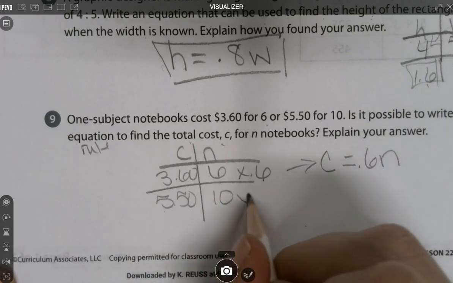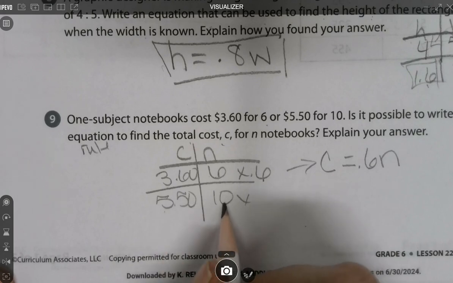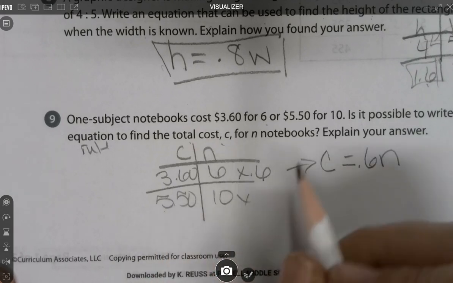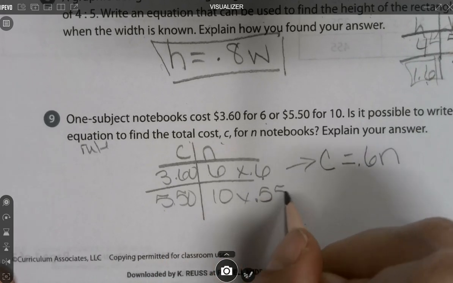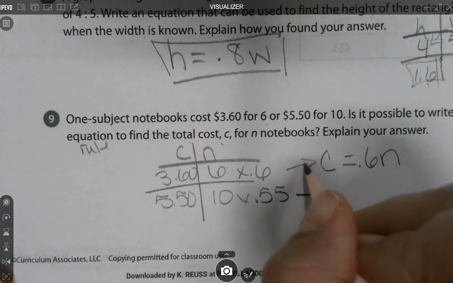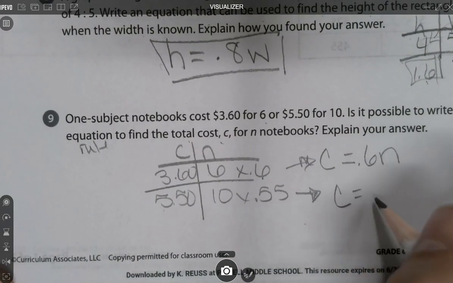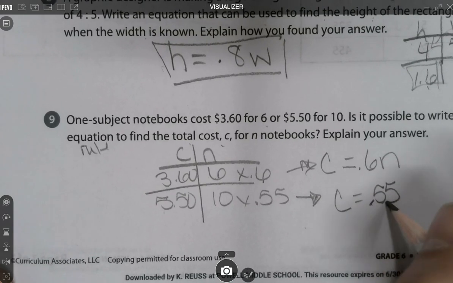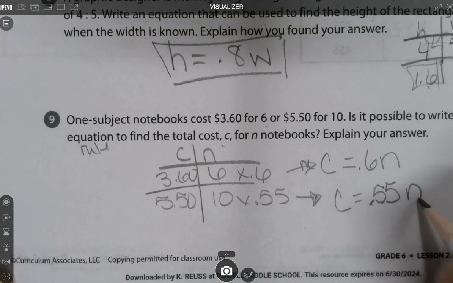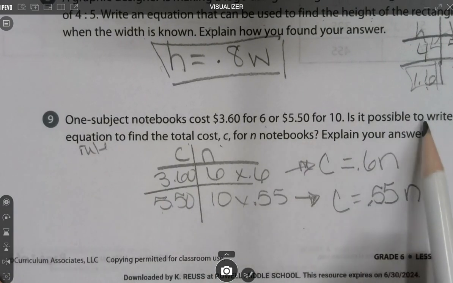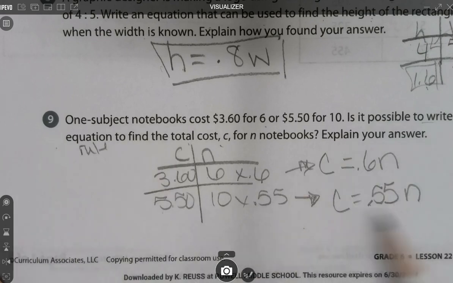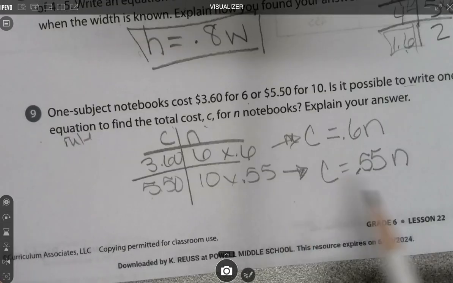If I multiplied something by 10 to get 550, that would give me 0.55. So I would write that equation or that rule as C equals 0.55 times the number of books. So is it possible to write one equation? No, these are two different equations.